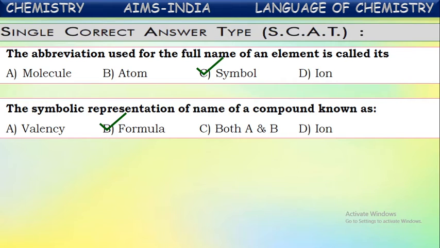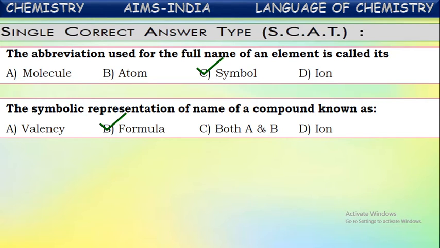In the same way, the compounds or the molecule of a compound is also given a simple representation, called symbolic representation, the short form representation of the name of a compound. It is called formula. For example, calcium carbonate. If you write calcium carbonate with complete spelling in the chemical reactions, it becomes very lengthy.